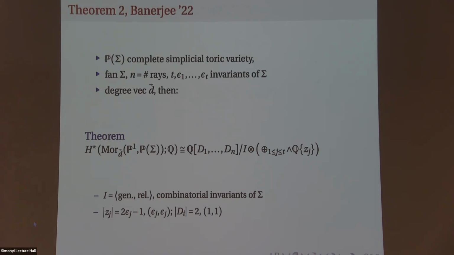Can you say explicitly how they give classes in H2 of this mapping space? Do they correspond to divisors on the mapping space? They do correspond to divisors of the mapping space.